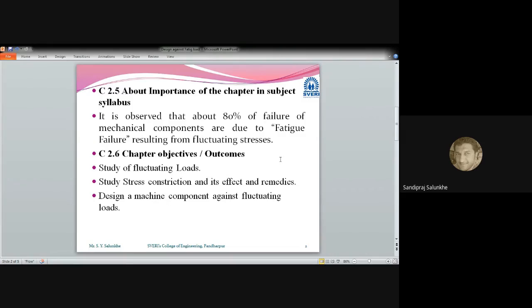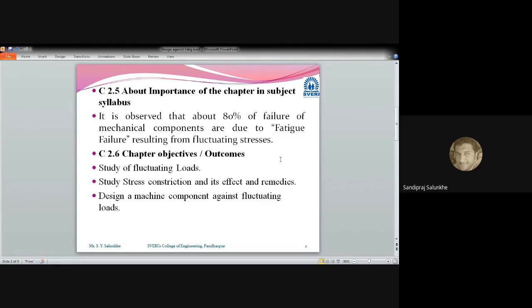That's why we should understand what the fluctuating stresses and fluctuating loads are which are responsible for creating this type of failure. And we have to give confidence to the user that though the load is fluctuating, it will not undergo fatigue failure suddenly.